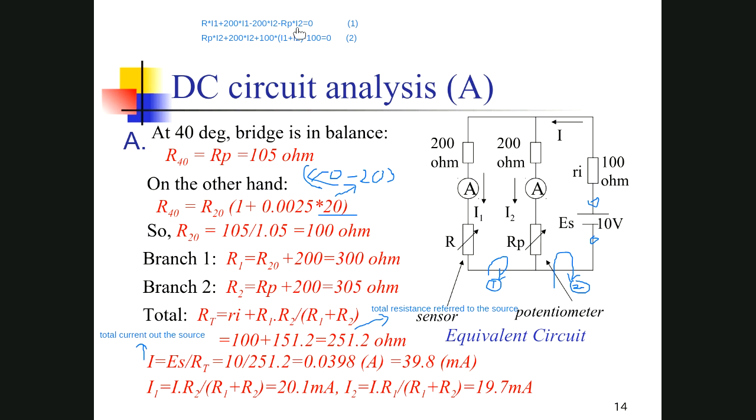And for the RP, the current is downward, so the voltage drops, equal to 0.